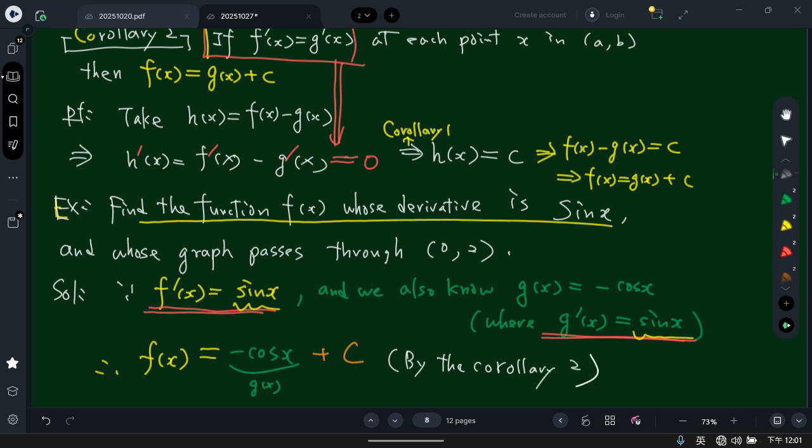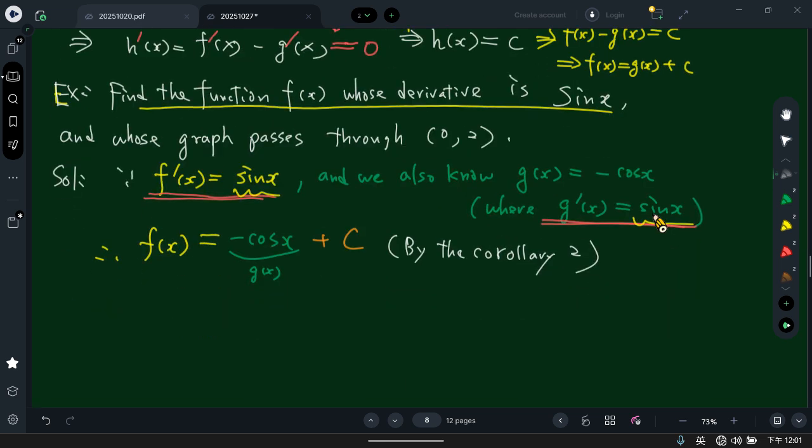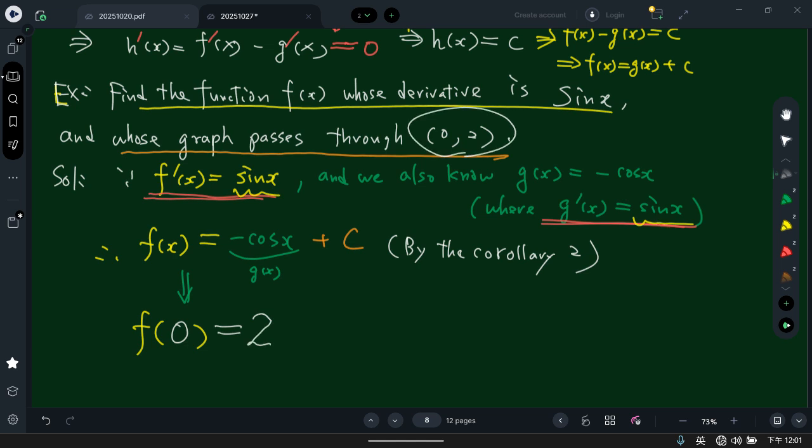And especially for the second condition, whose graph passes through (0, 2), that means when we use 0 as the input, the result should be 2, right? Because the graph passes through this point. So we can continue to get negative cosine 0 plus c should be 2, so that we can get c is equal to 3.